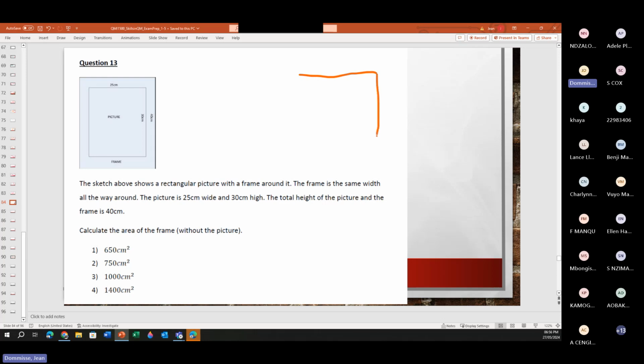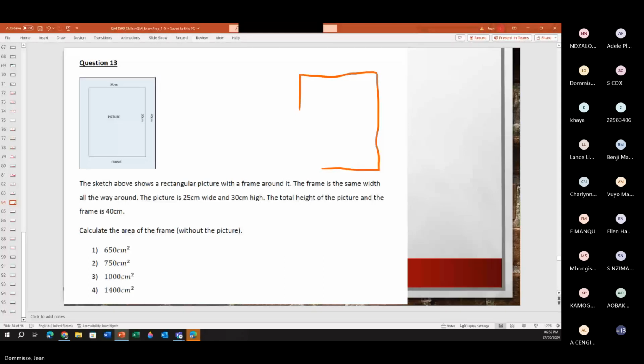They could have just given us the whole thing, I don't know why they cut that off. The picture is 25 and 50. The total height of the picture and the frame is 40.